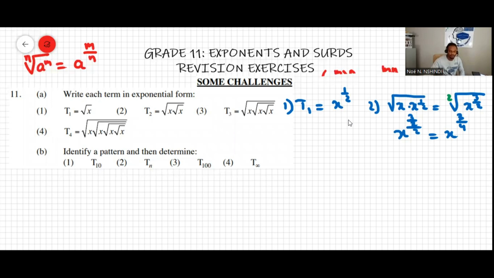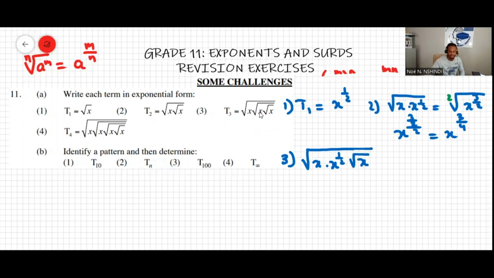Question 3. It's going to be the square root of, that makes x. Now, this x within this root will make x to the power of a half. There's another root within the root.